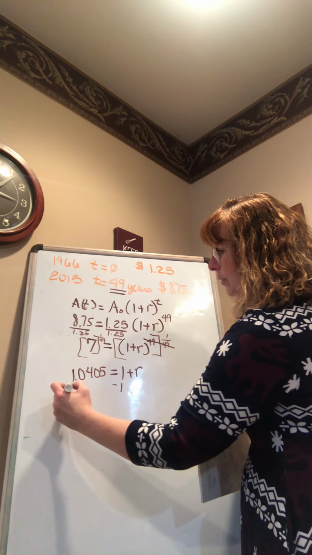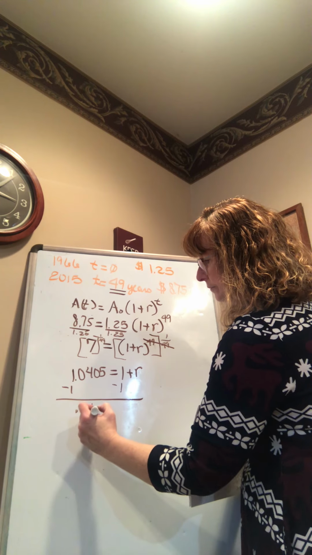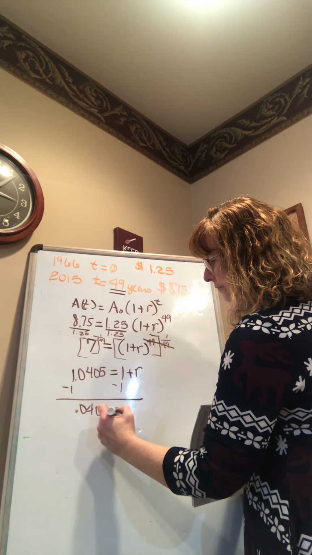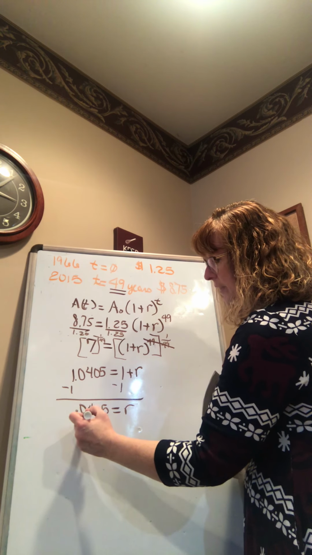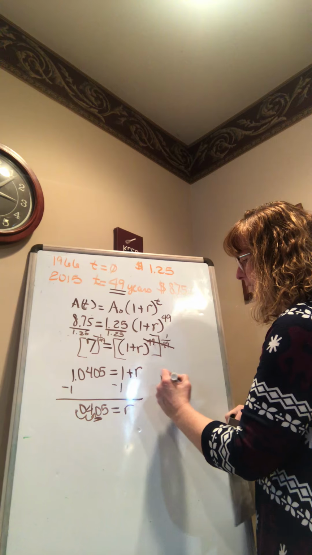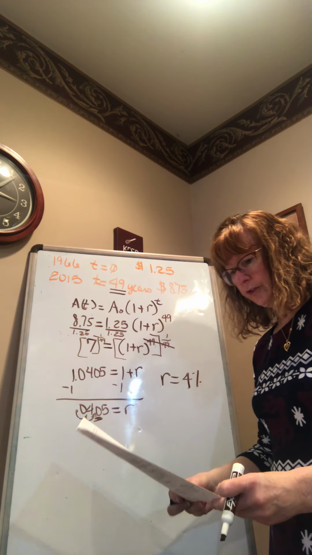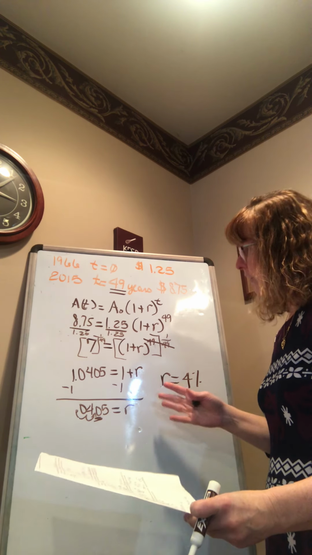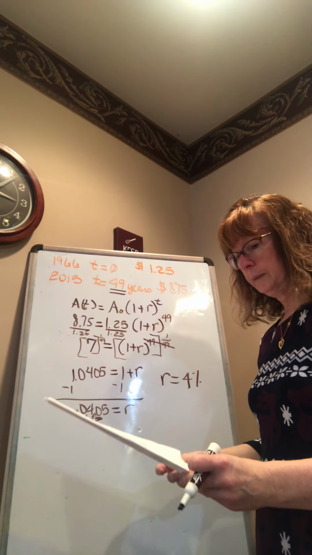So I subtract the 1 from both sides, and I find out that my rate, to the nearest percent, would be 4%. So that was number 7, that one on the Regents. This was not short answer. You had to show me all the work.